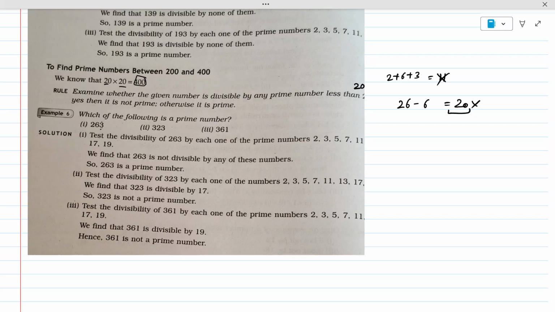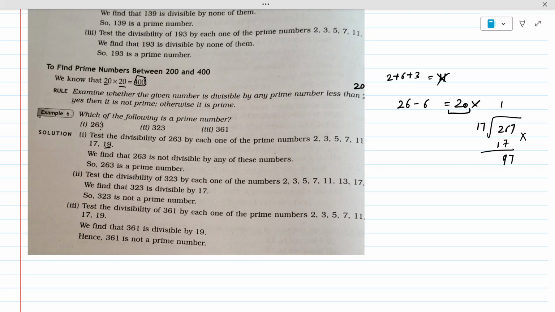Now we have to check it with 17 and 19. So let us try this with 17 first. We have 17, 1, 17, and then 9, and then 7 here, right? And this is not completely divisible. Similarly, it is also not divisible by 19.